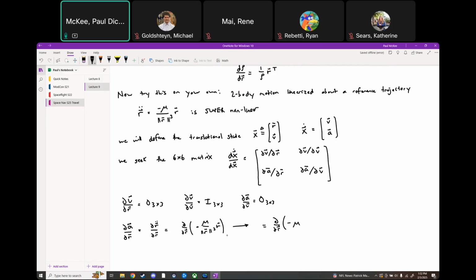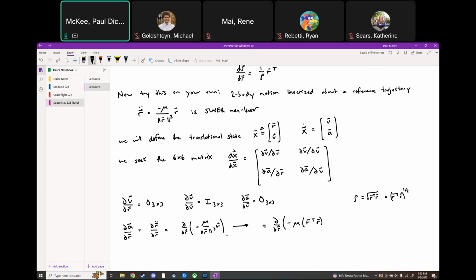mu, and then we've got r transpose r to, okay, we have to be careful here. So rho is the square root of r transpose r, right? Which is the same thing as r transpose r to the 1/2.